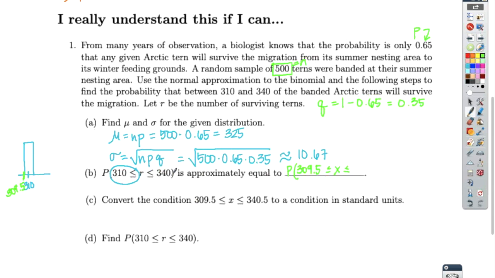And I want to include, again, the bar above 340. So some stuff is going to happen here. I'm not going to draw all those bars, but here is the bar above 340. Well, I want to include this entire bar, which means I need to count it all the way to the end, which is 340.5.